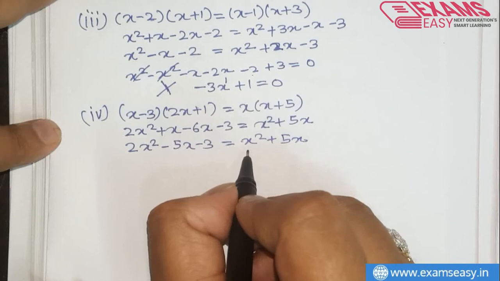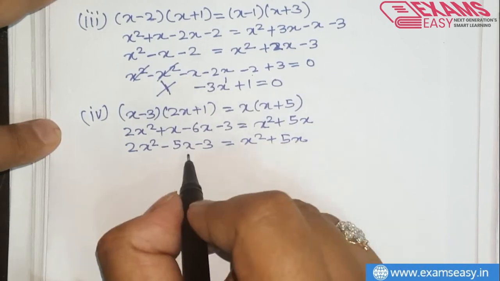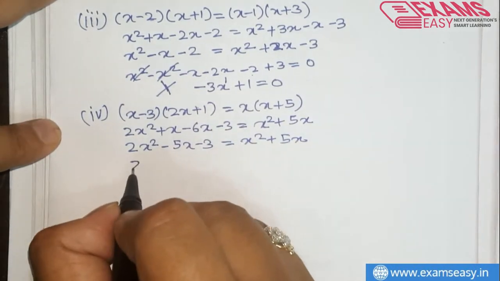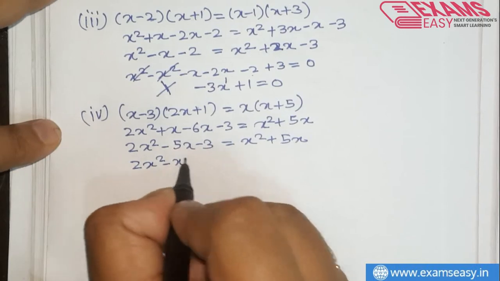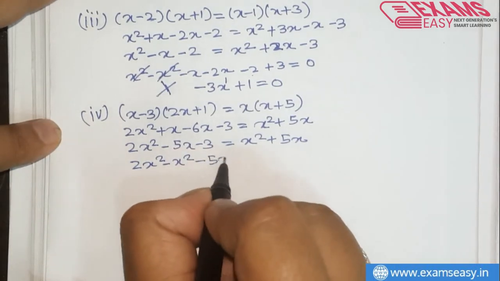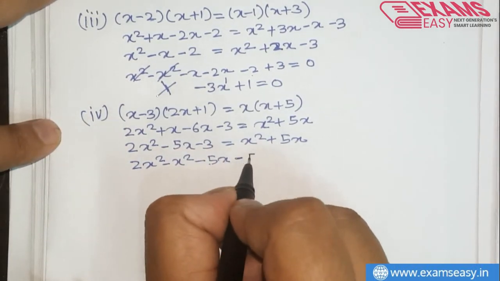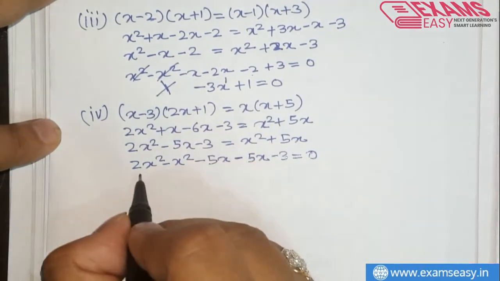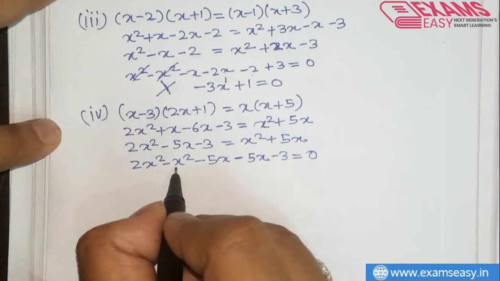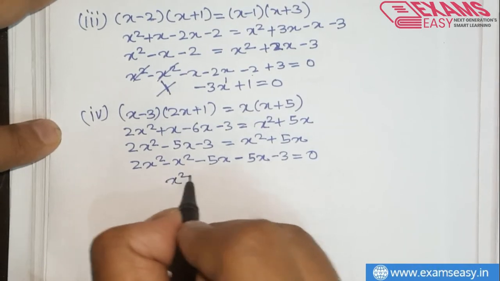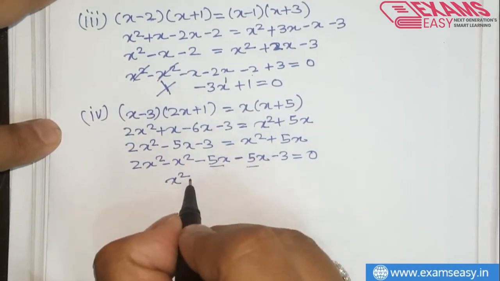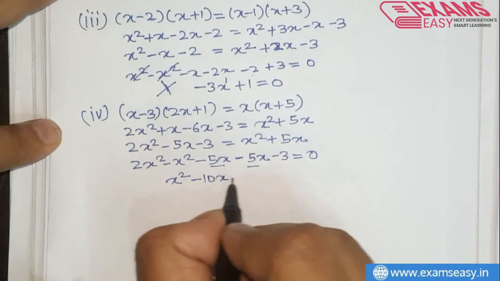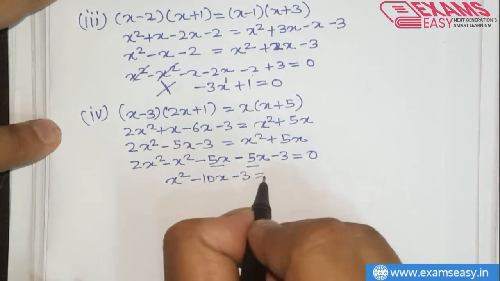Bring the right hand side terms to the left hand side, then it will become 2x square minus x square minus 5x minus 5x minus 3 is equal to 0. If we simplify this, 2x square minus x square will become x square, and these two terms will add up and give minus 10x, and minus 3 is equal to 0.